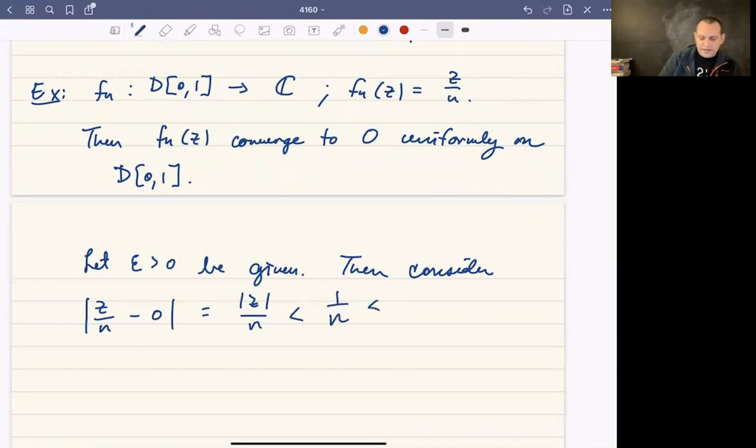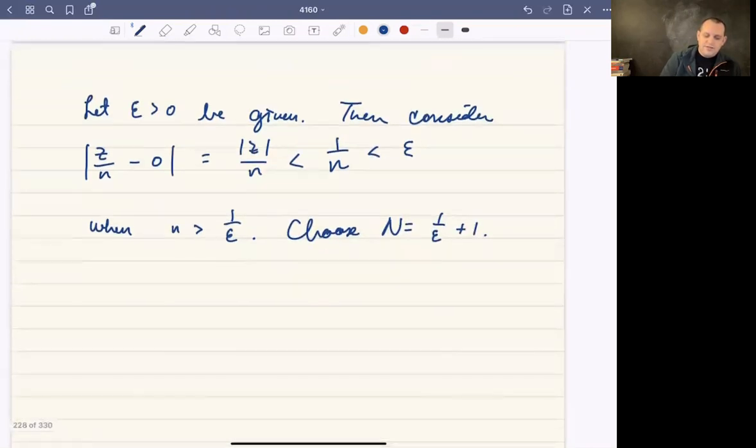And so that'll be less than epsilon when little n is greater than 1 over epsilon. And so we can choose capital N to be 1 over epsilon plus 1. And notice that this is now independent of z. So this is an estimate that's going to hold for all values z in the unit disk.